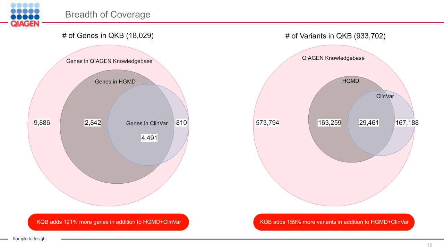And additionally, in terms of variants, we're increasing just by adding our own curated content, 159% more variants in addition to what's already in ClinVar and HGMD. So you can see the tremendous breadth and depth of coverage that we're offering by including our manually curated content as well as those in ClinVar and HGMD and other sources as well.